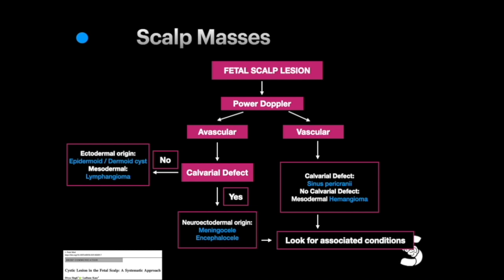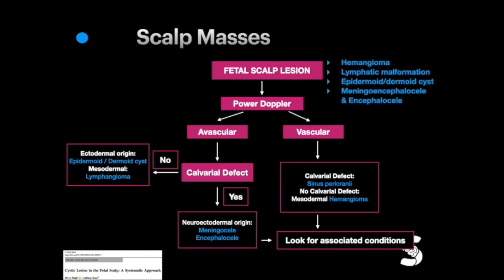In the prenatal period, there are many types of scalp masses. Hemangioma, lymphatic malformation, and dermoid and epidermoid cyst are some of these lesions. Meningoencephalocele and encephalocele are also considered in scalp lesions with calvarial defects. An algorithmic approach may be useful.